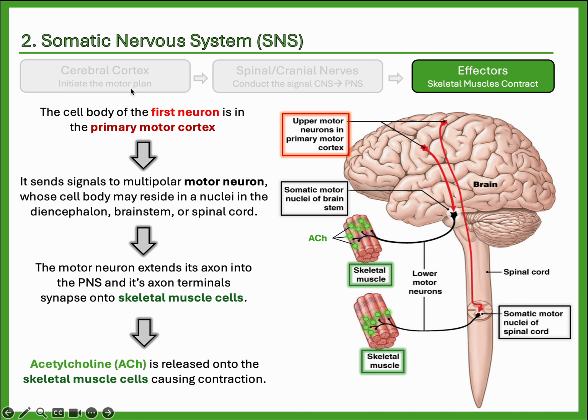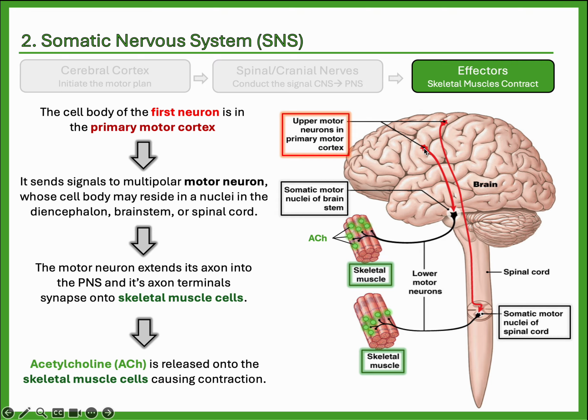So I started in the cortex, I went out a spinal or cranial nerve, and now I'm going to synapse onto an effector. So let me recap what happens. The cell body of the first neuron is in the primary motor cortex. So here's primary motor cortex, and I send my neuron down. The signals go down when I decide to finally move.